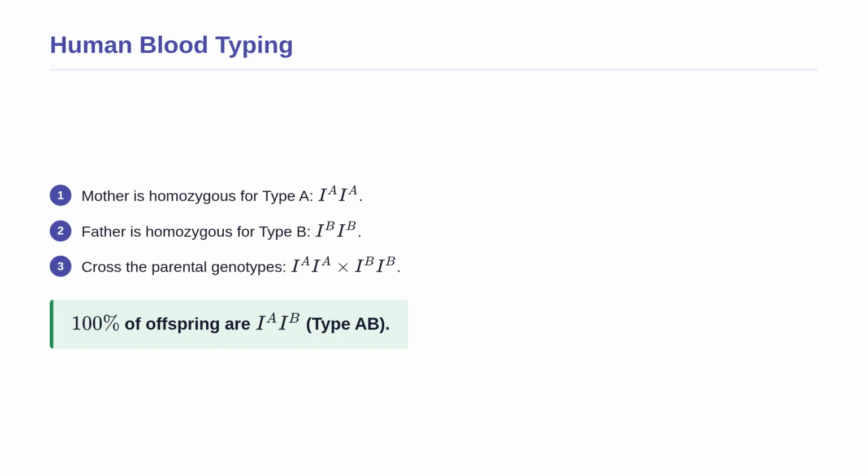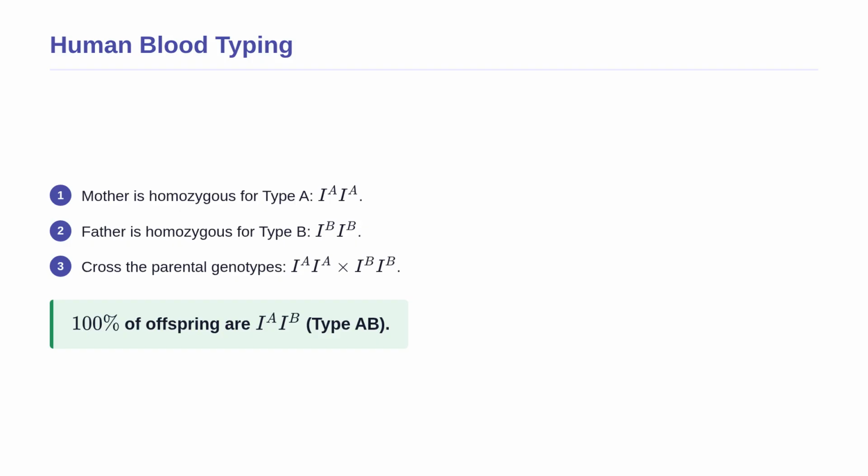Before we look at the next generation, let us apply this formula to a real-world medical example. We are given a mother with pure type A blood and a father with pure type B blood. We need to determine the exact blood type of their child. The mother is homozygous, meaning she can only contribute the I superscript A allele.